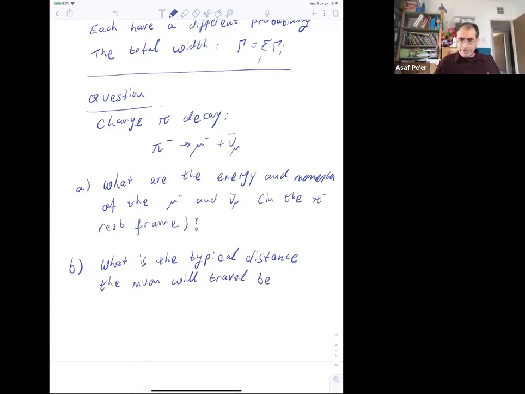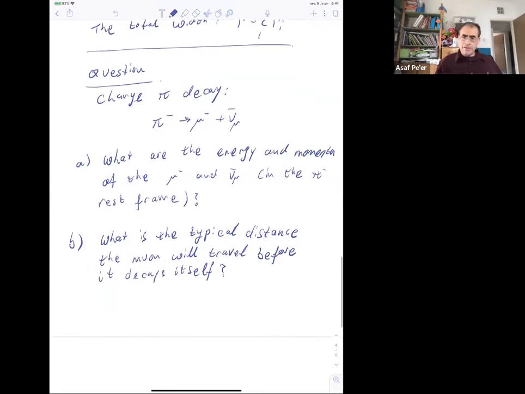The muon itself is not stable. Just so you know, in the muon's rest frame, the muon's lifetime is 2.2 microseconds.